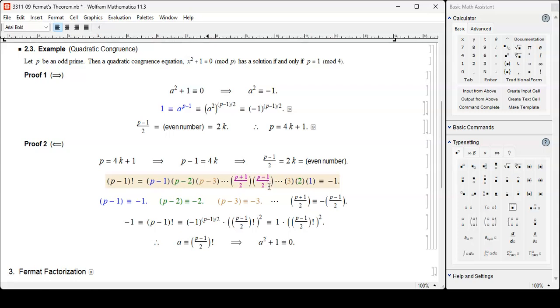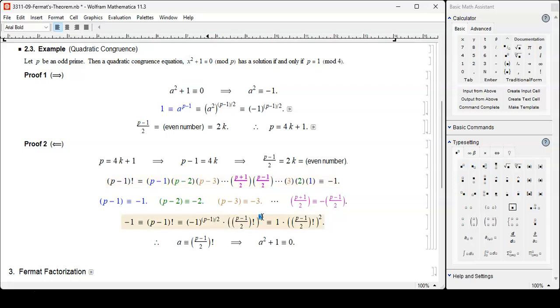So these two add up to p, which is 0 as well. So this p plus 1 is the negative of p minus 1 over 2. Same as before. So if I multiply them up, then p minus 1 times 1, that is negative of 1 squared. P minus 2 times 2, that's negative of 2 squared. P minus 3 times 3, negative of 3 squared. And finally these two, negative of p minus 1 over 2 squared.